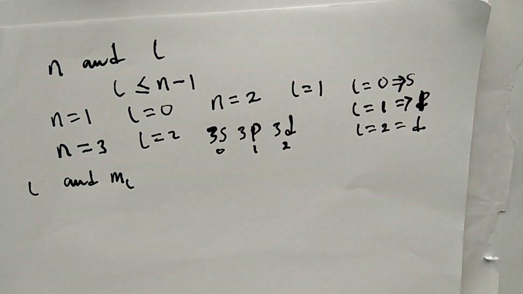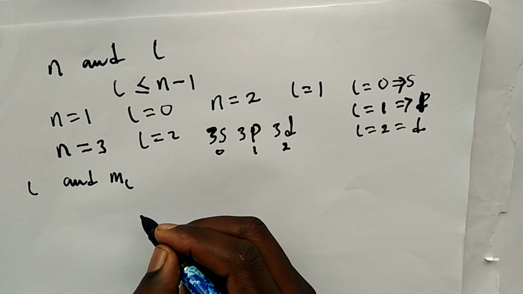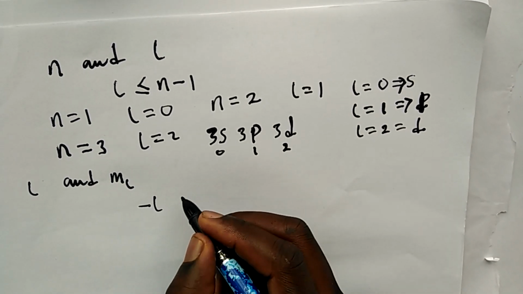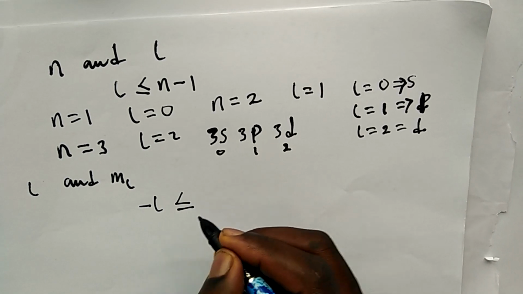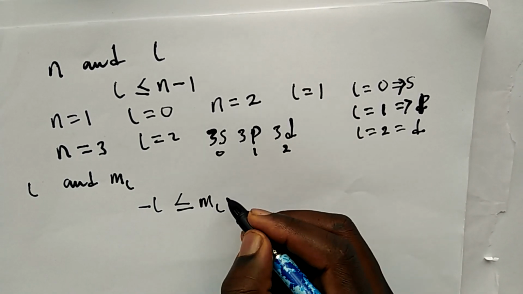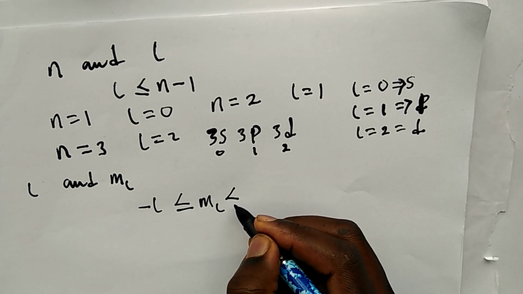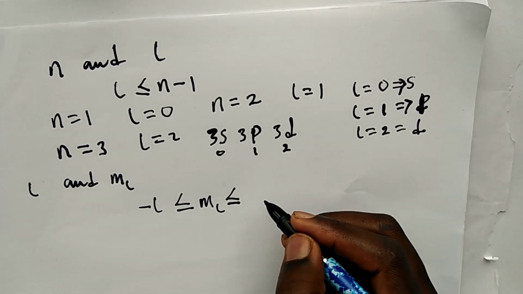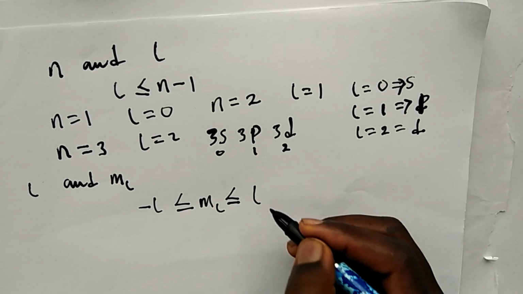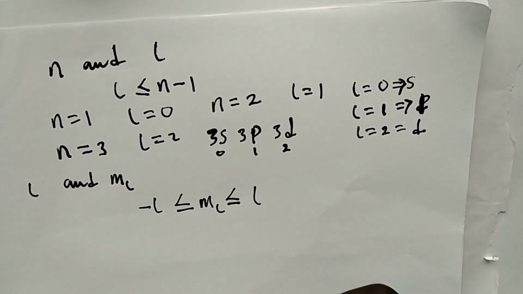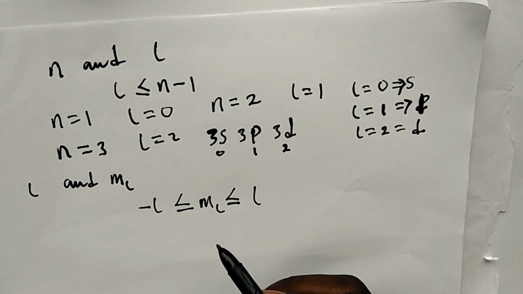There's also a relationship that defines this, and that states that minus L is less than or equal to ML, and ML is less than or equal to plus L.